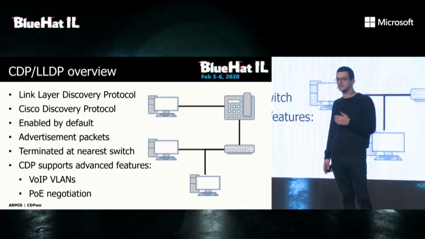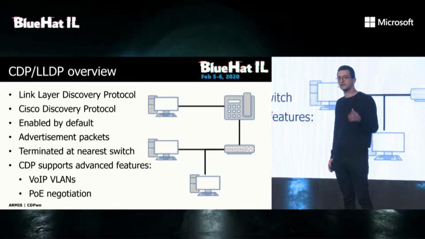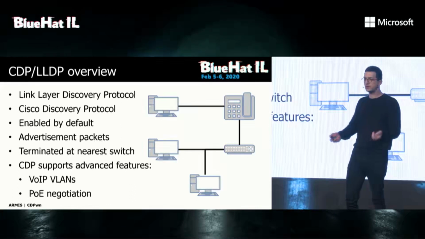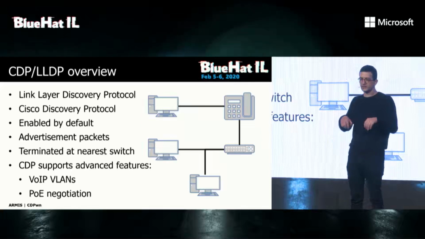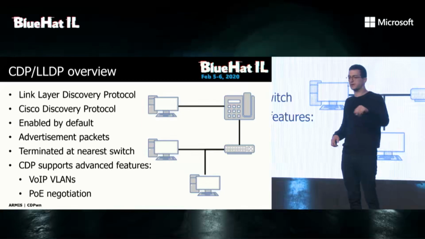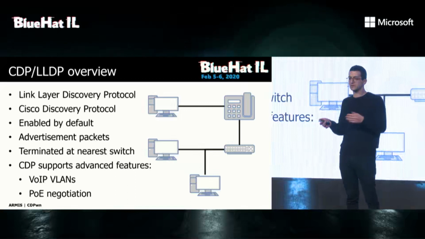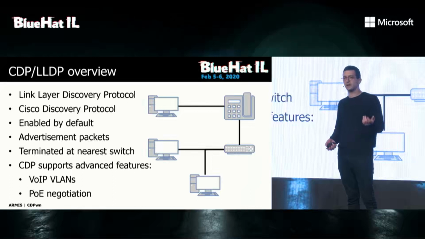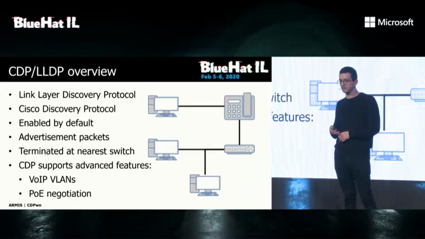They work by devices simply sending advertising packets over a designated multicast MAC address, and then the devices that are connected directly to them will listen in on these packets and register in the local database which devices are connected directly to me. And these specific packets won't be forwarded inside the network by switches and routers. So whenever a switch accepts a CDP or an LLDP packet, that packet will be processed, but it will not be forwarded down the line to the rest of the network.